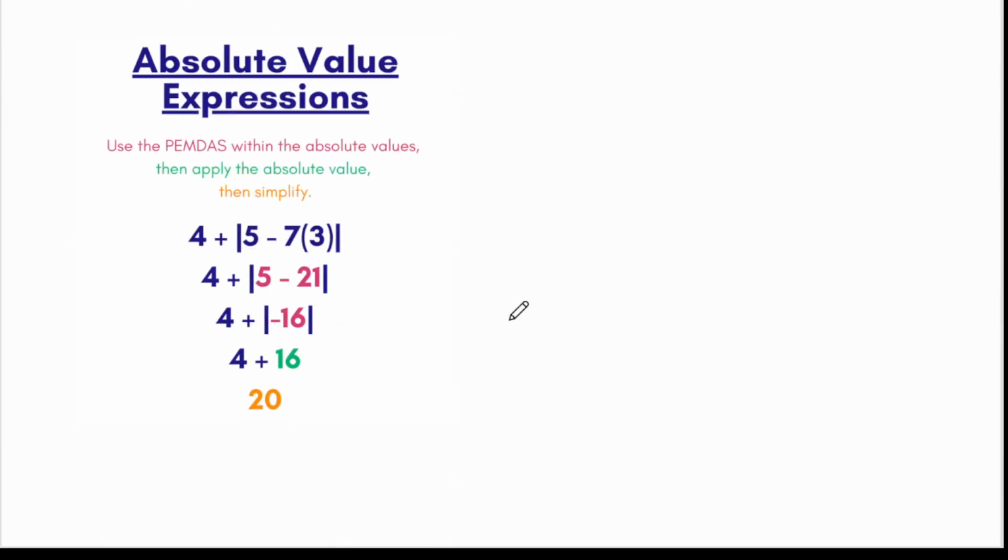As a preview to some a little bit more interesting ones, remember that the order of operations really always applies. And just in terms of order of operations, the P in PEMDAS, that is really like the absolute value. Those absolute value symbols are like a parenthesis. So if you're going through these order of operations with something like the beginning here, you would first tackle, hey, for the parentheses in PEMDAS, I need to tackle these absolute value symbols.